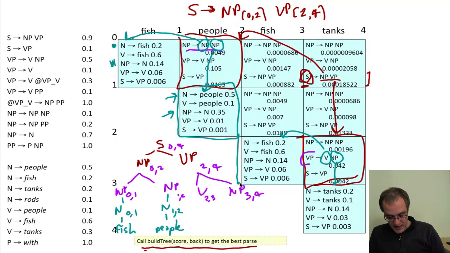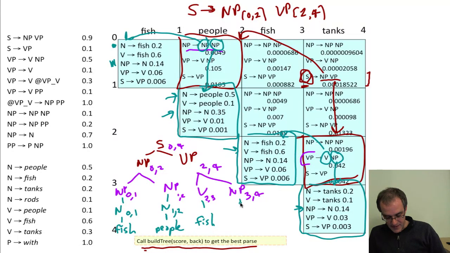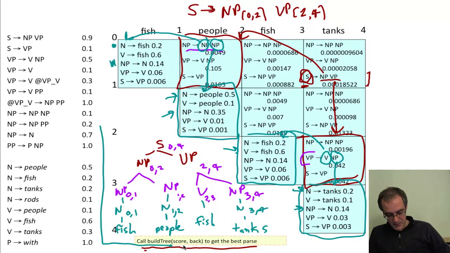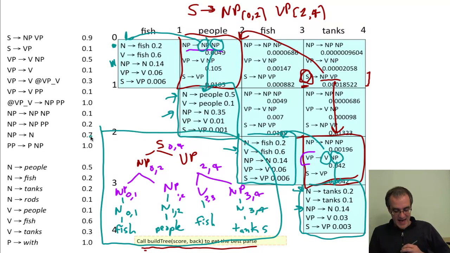The highest probability way of building a verb from 2 to 3 is directly making it from the word fish, which is a terminal in our sentence, and then the highest probability way of making a noun phrase over 3 to 4 is making it from a noun from 3 to 4 via a unary rule, and the highest probability way of making a noun over 3 to 4 is making it using the word tanks, which is a terminal. So at this point we've been able to follow the back traces back out, and this is the highest probability parse for this sentence.